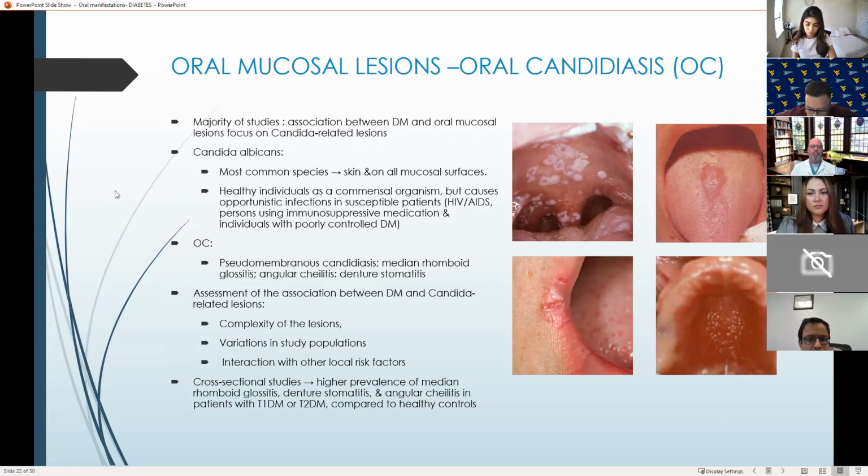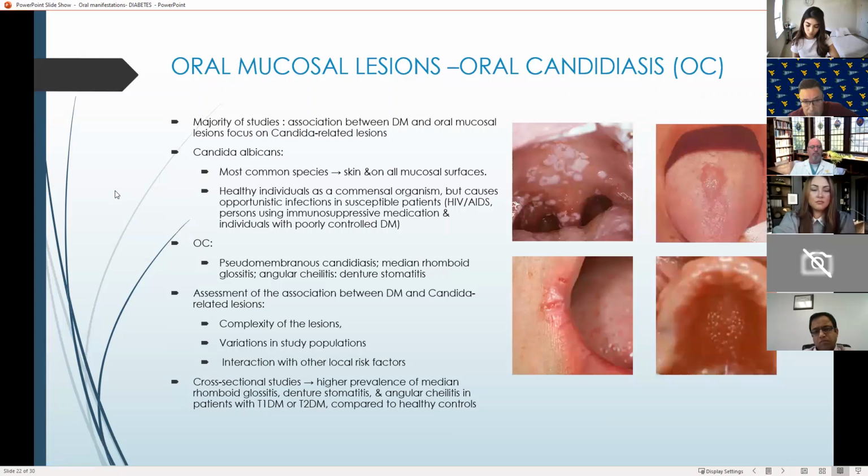It exists in healthy individuals as a commensal organism, but causes opportunistic infections in susceptible patients, such as patients with HIV/AIDS, persons using immunosuppressive drugs, and individuals with poorly controlled diabetes.